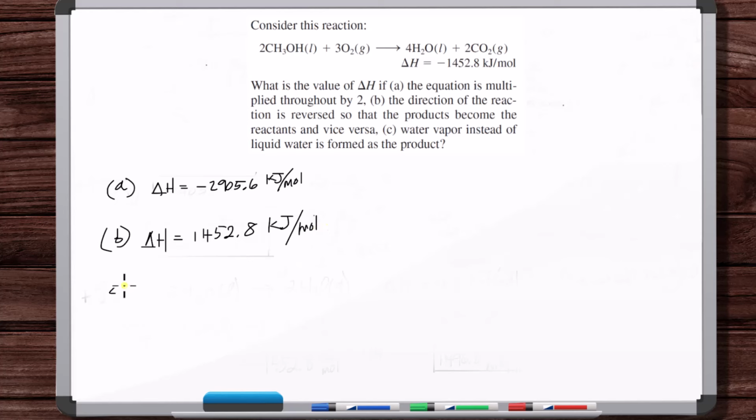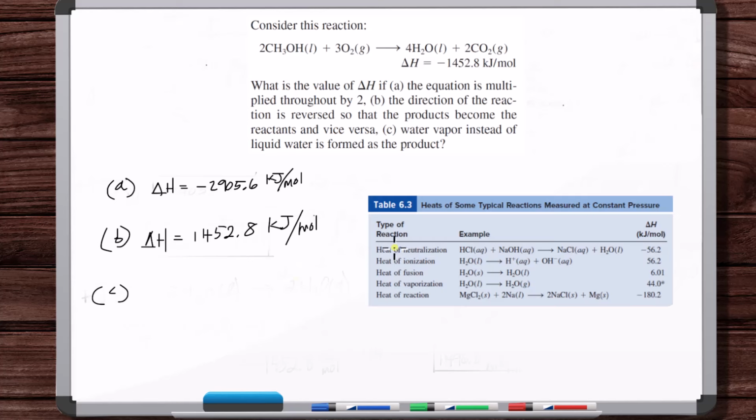Okay. Now here we're going to get a good sense of this kilojoules per mole idea. What is the value of delta H if water vapor instead of liquid water is formed as the product? Okay, so if we reference this table from the textbook, we see that the heat of vaporization, so H2O liquid to H2O gas, the delta H is 44 kilojoules per mole.